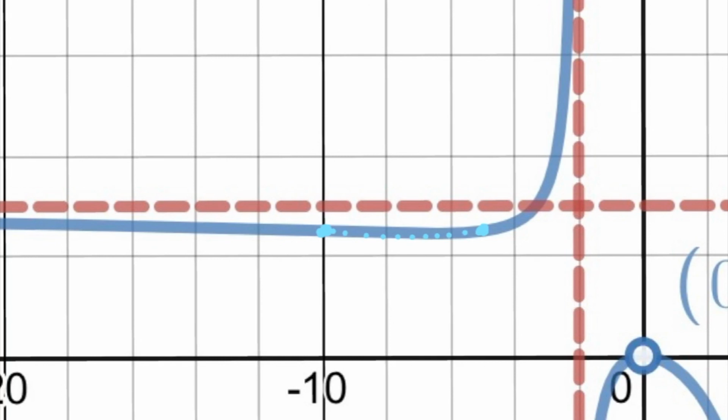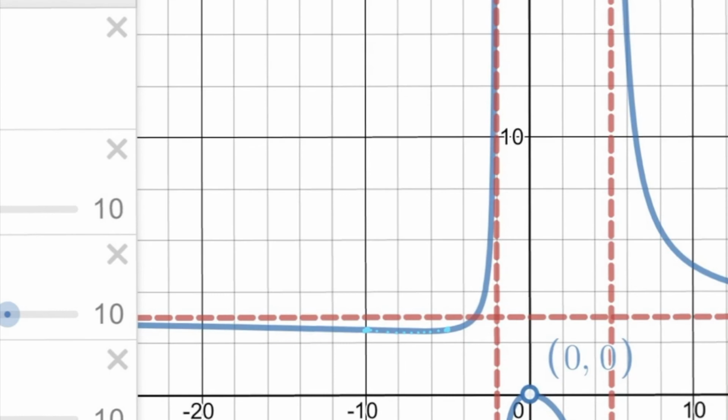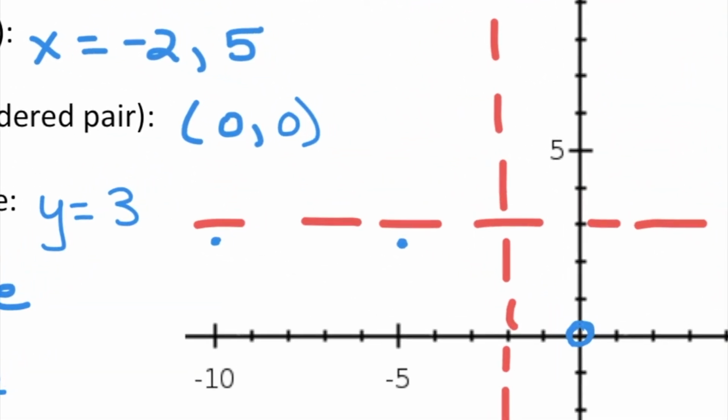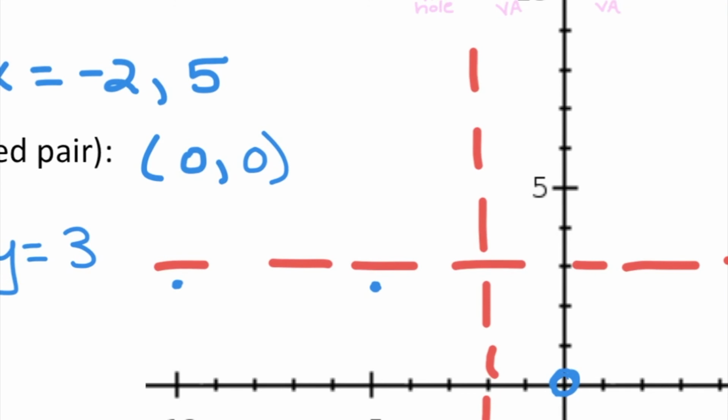And so you can't really reflect that in your drawing, because this is one of those cases where your pencil is too thick to actually accurately draw the graph. When you zoom in on Desmos a lot, you'll see it.